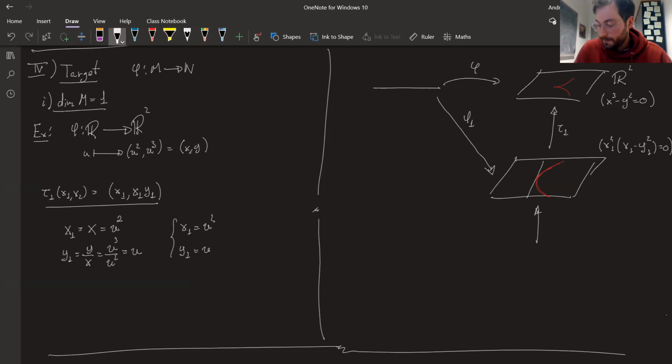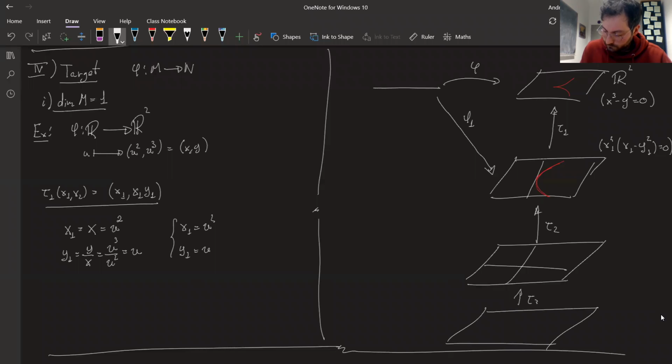Because this is not yet an exceptional divisor, we are not yet transverse to the exceptional divisor, but if we blow up twice, we're going to get that eventually, for the same reason, phi2 and phi3 are going to be well defined, and at the end our transformation is going to be monomial. It's going to be non-singular.